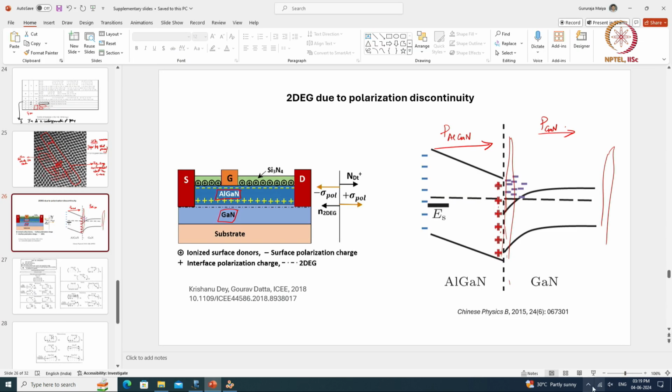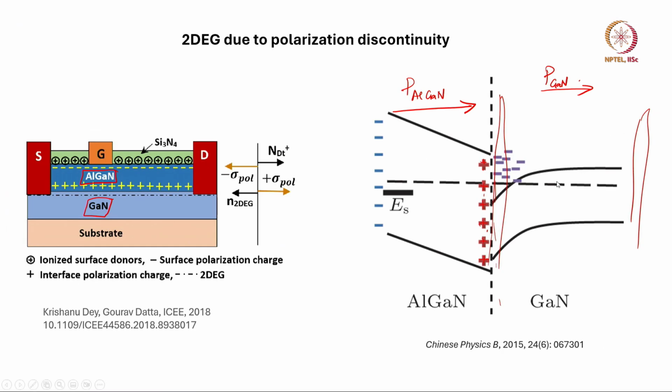Let us not go into the details of it, but at the interface I need more negative charges, otherwise this polarization continuity is not going to be maintained. The only way polarization continuity is going to be maintained is if I have more charges at the interface, right. And more charges can be created by bands bending in a certain way. Here the conduction band comes below the Fermi level, creating some sort of free electrons there, right. So, free electrons are created.